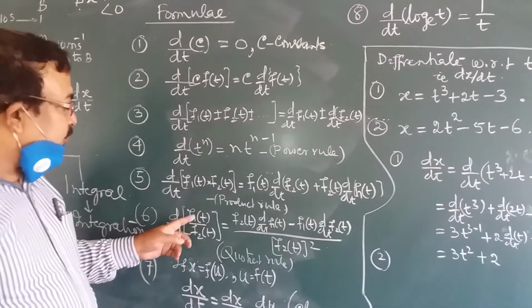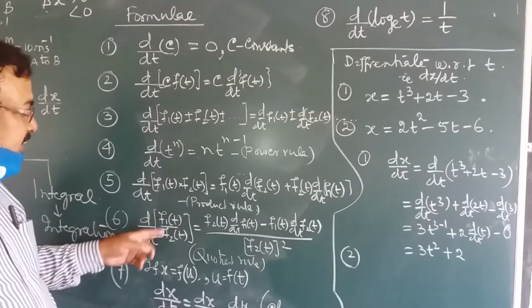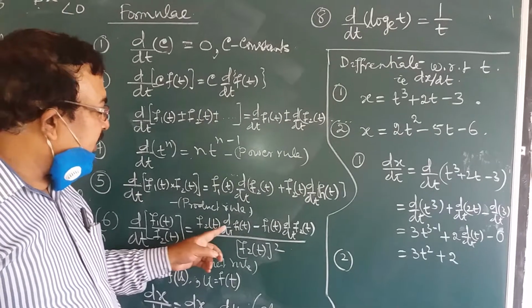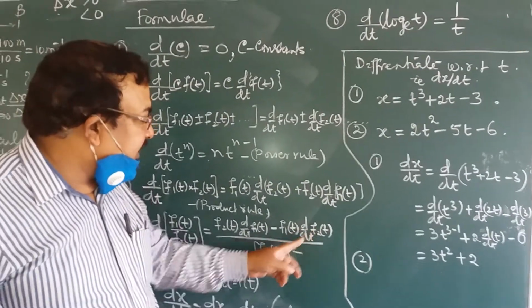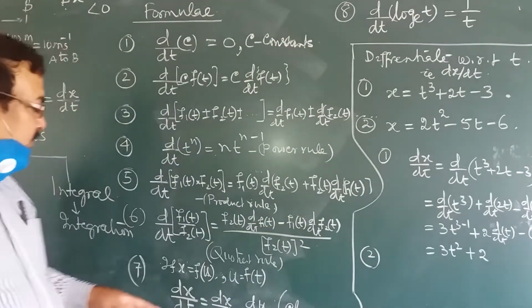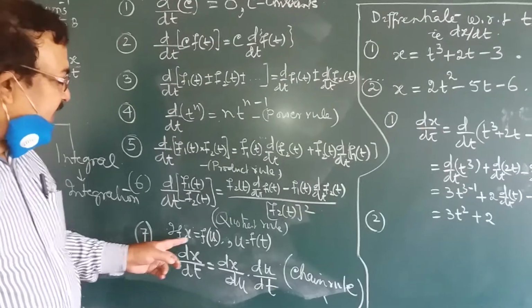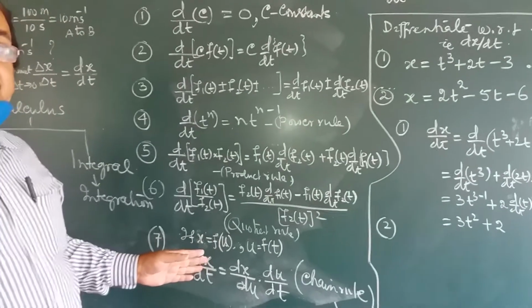Then we have the quotient rule. If you have f1(t) and another function in a division, numerator and denominator, then this is the formula: the denominator into the differentiation of the numerator, minus the numerator into the differentiation of the denominator, all divided by the denominator squared. Now the seventh one: if x is a function of u and u is a function of t, this is called a function of a function.